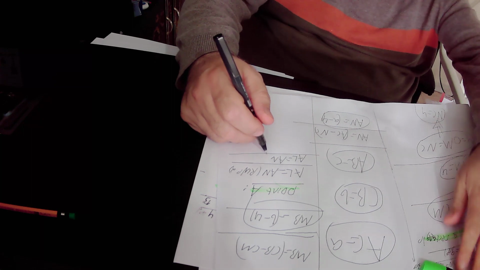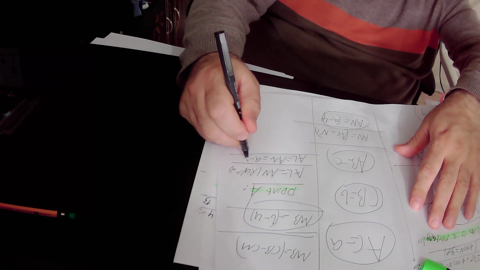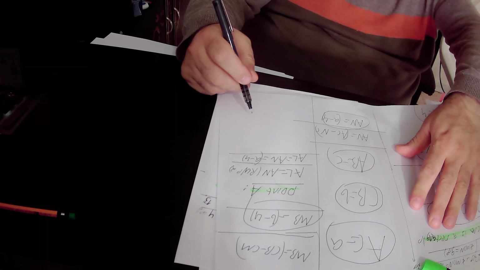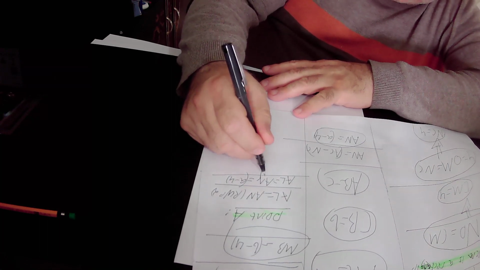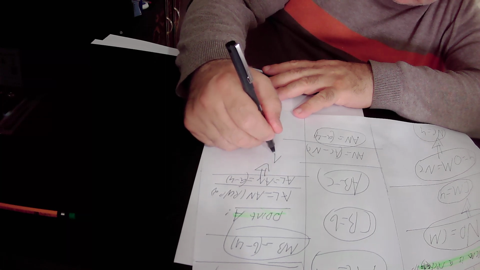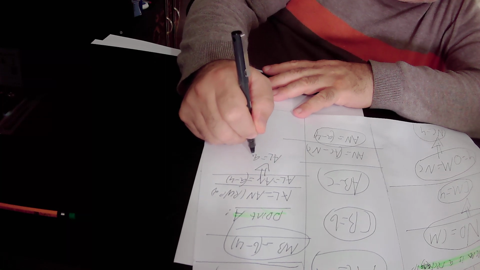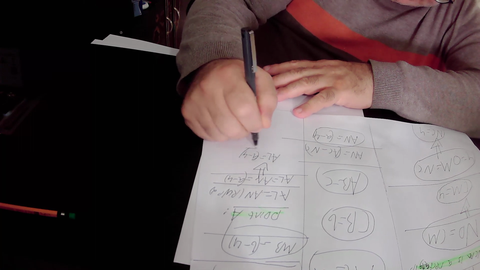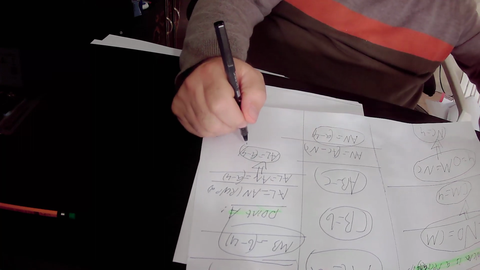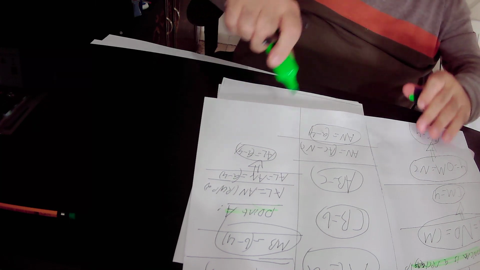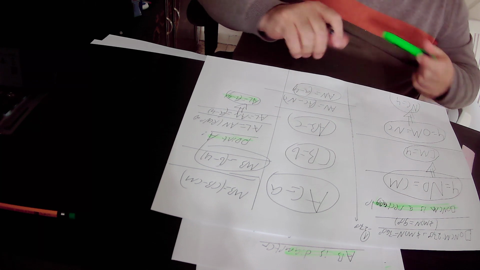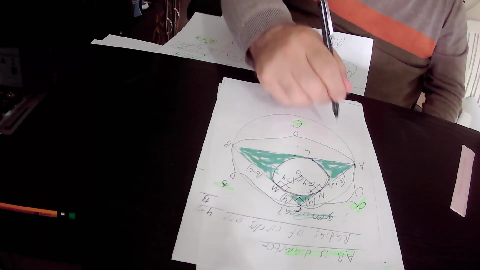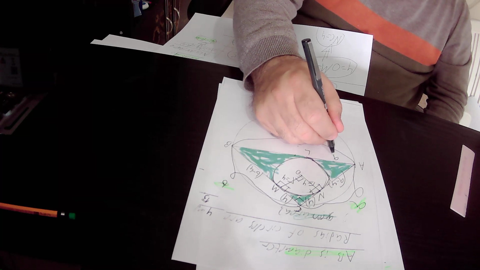So we can write here that AN equals A minus 4, and from this equation we derive that AL is also equal to A minus 4.